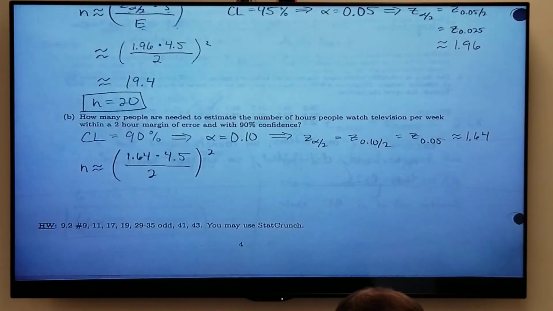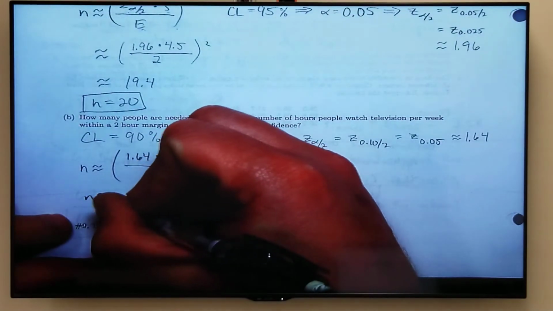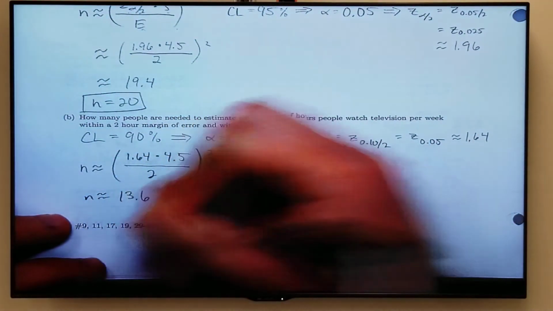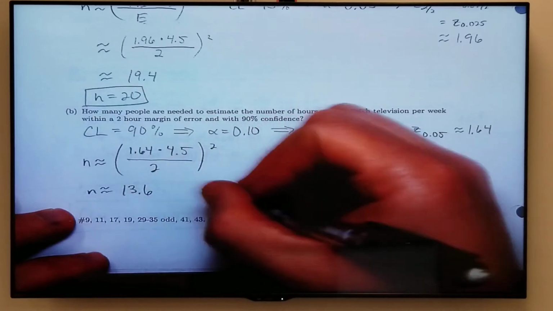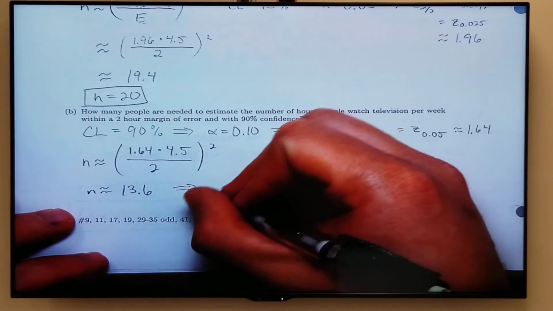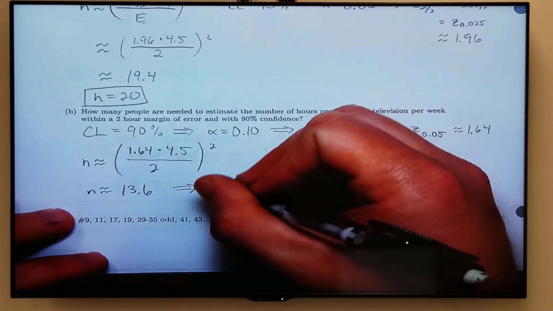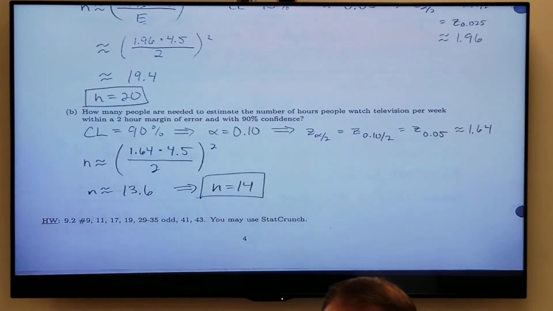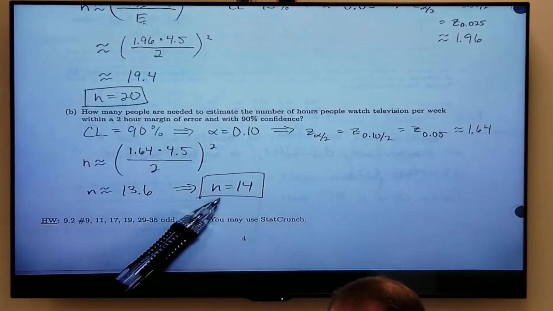Let's see, 1.64 times 4.5 divided by 2, squared, is 13.6-ish. So really we would say n equals 14. So yeah, sure enough, right? Our sample size decreased.